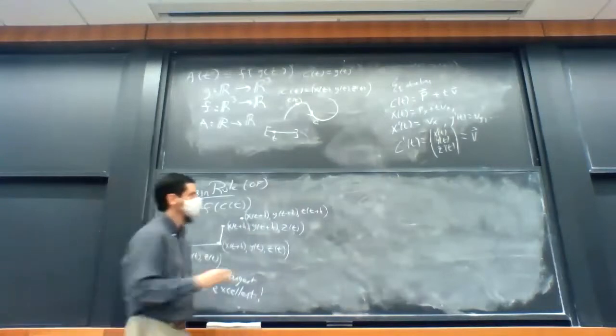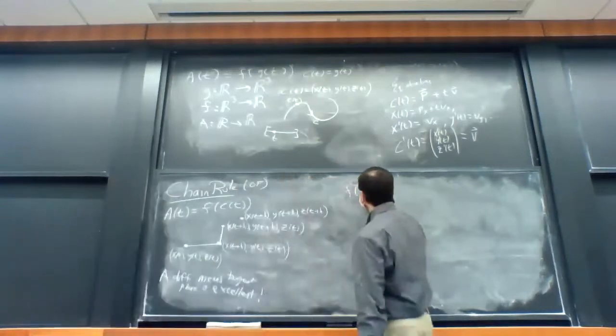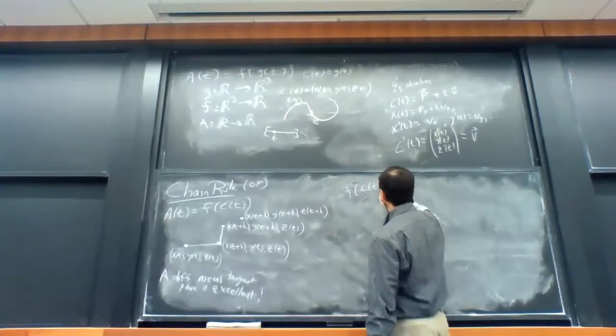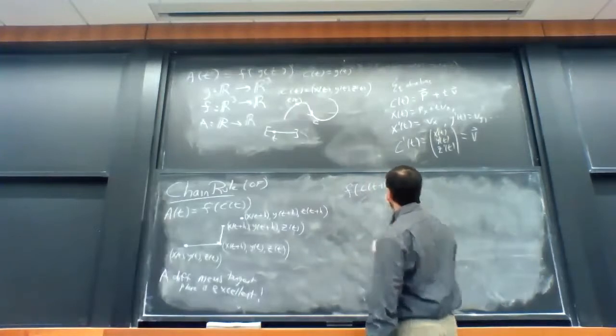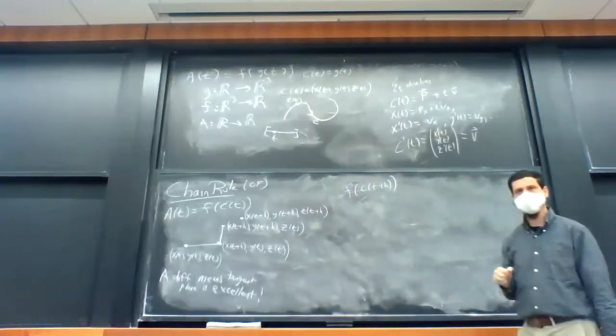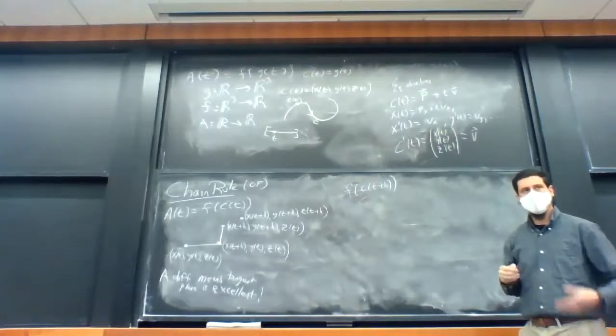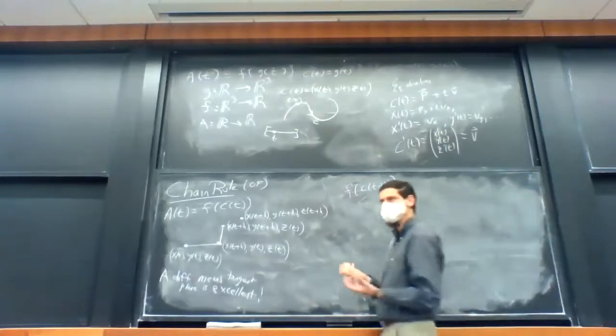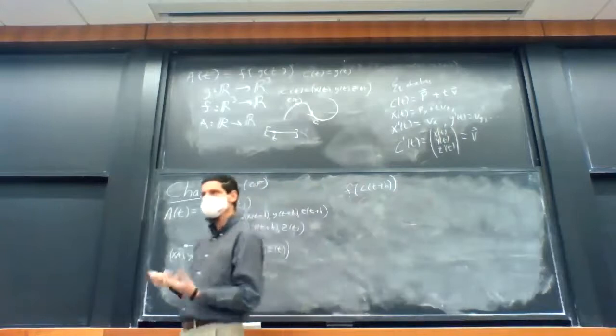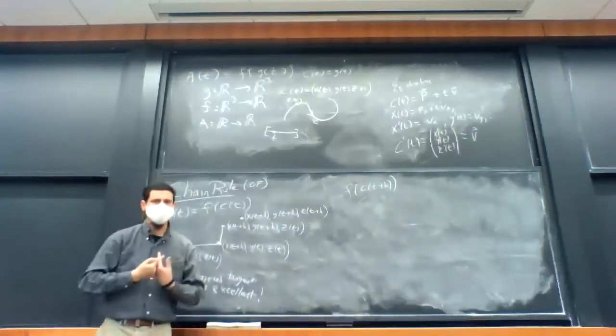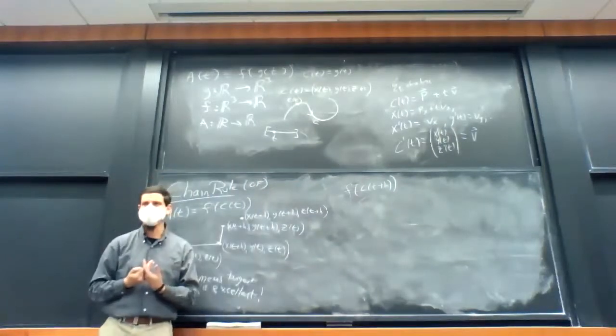Let's think about what's going on. I have f of c of t plus h. And I want to use my multivariable calculus knowledge to try to approximate that based on where I started. So what will be my initial approximation?